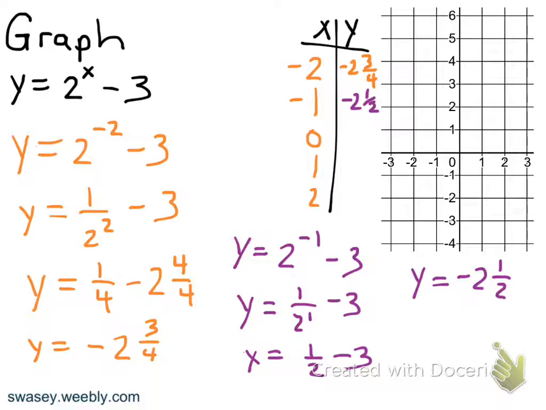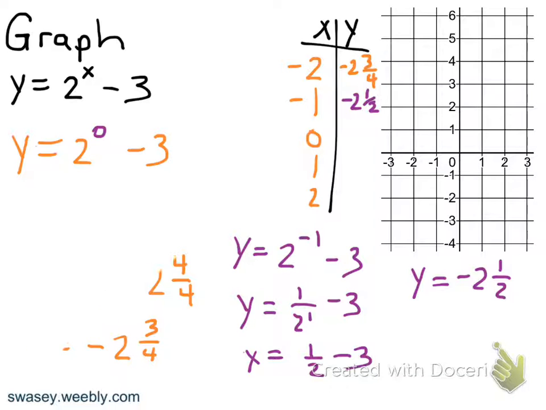Next, we'll put 0 in. Anything to the 0 power is 1, so 2 to the 0 power is 1, and then we'll have 1 minus 3. Which gives us -2.